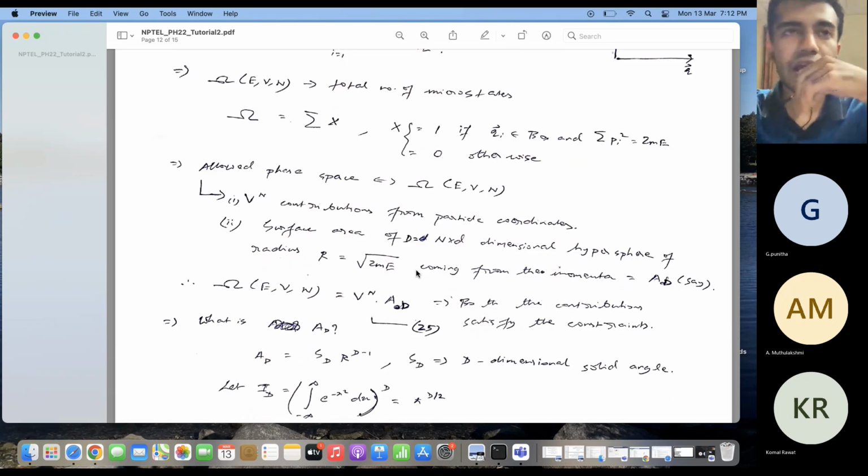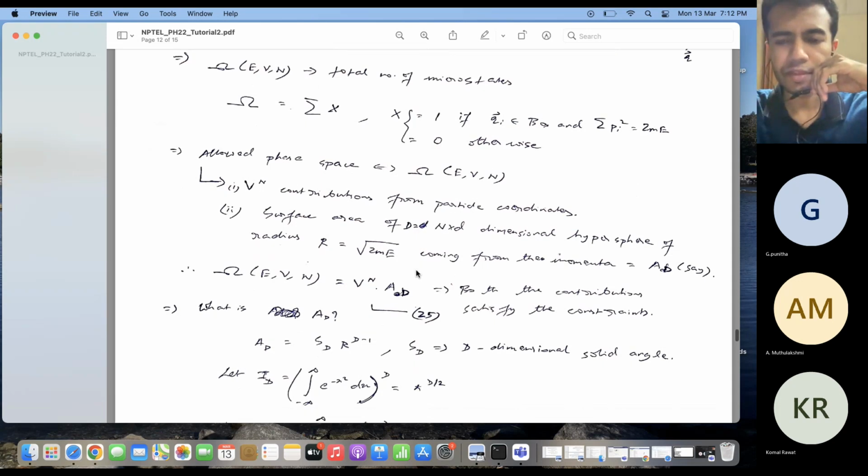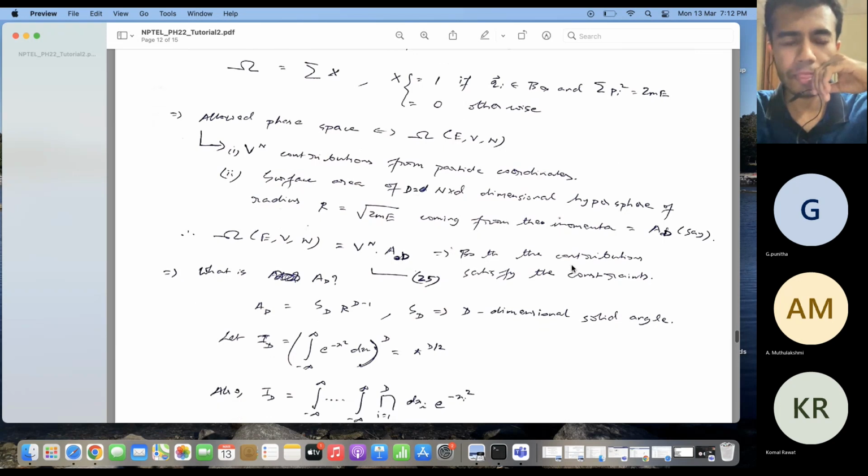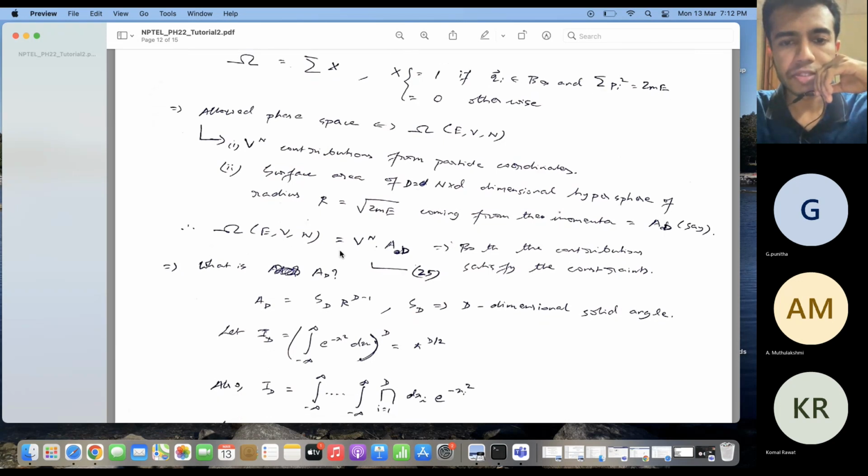So we have to find the surface area of the hypersphere, and that surface area contributes to the total number of microstates. We define the area of that hypersphere as A subscript d. So the total number of microstates is equal to v to the power n multiplied by A_d.